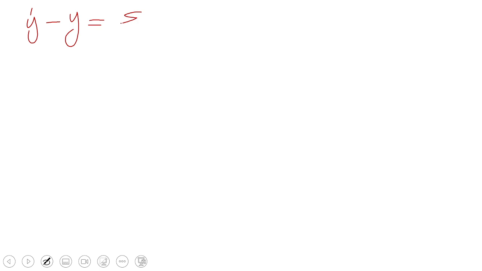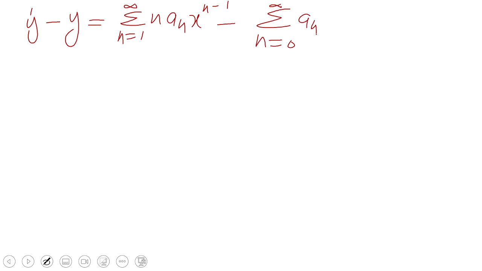The y' series is summation n from 1 to infinity n a_n x^(n-1), minus the series of y, which is summation n from 0 to infinity a_n x^n, and this is equal to 0 because y' minus y is equal to 0.